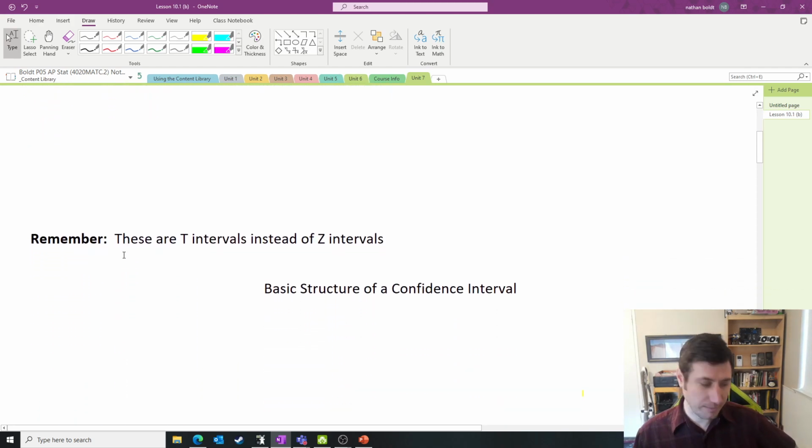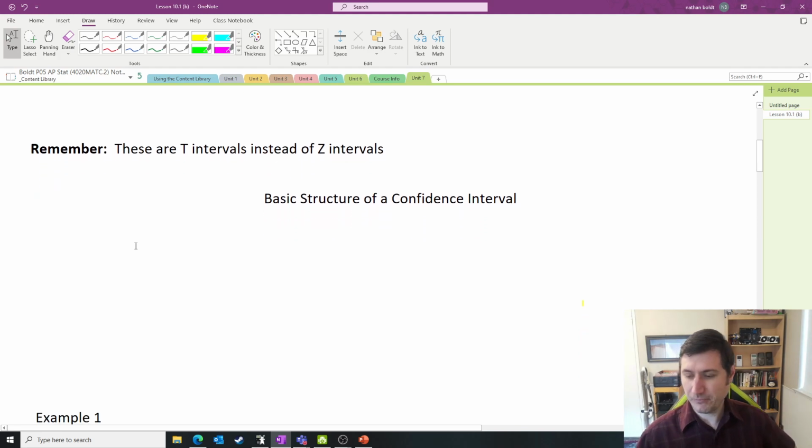So let's talk about this. You ready? A one sample t interval for a population mean is what we are looking at here. First off, remember these are t intervals instead of z intervals. We'll talk about why that is in a second. But first, let's remember the general structure of a confidence interval.